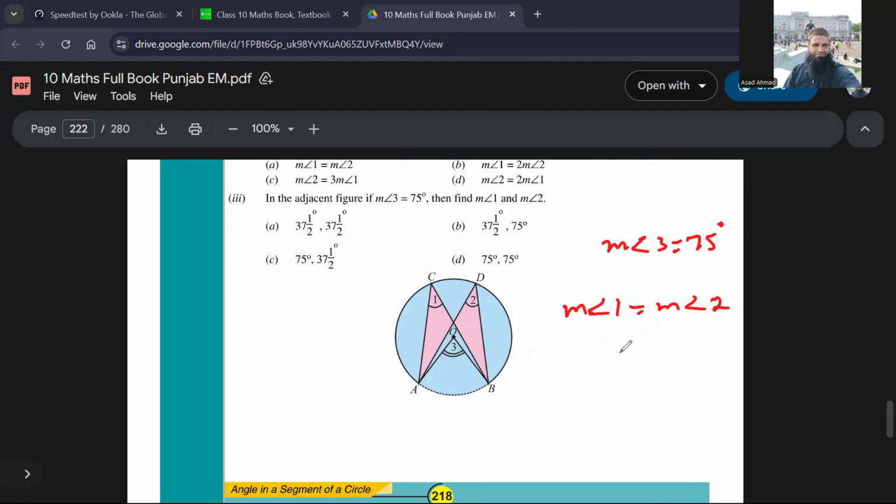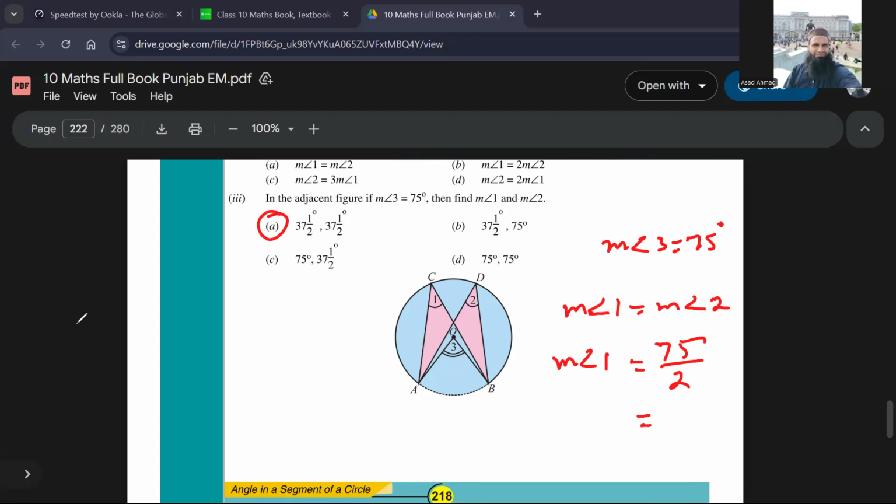So central angle is double and circumangle is half. So 75 divided by 2 will be equal to angle 1 or angle number 2. So half of 75 will be 37.5. So option number A will be there.